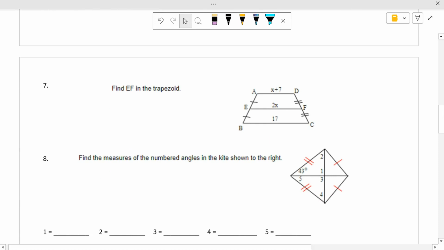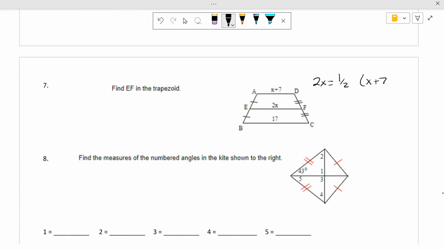The trapezoid problem. 2x is equal to 1/2 of x plus 7 plus 17. So then what do we do to both sides? Multiply by 2. So 4x equals x plus 7 plus 17, or x plus 24.